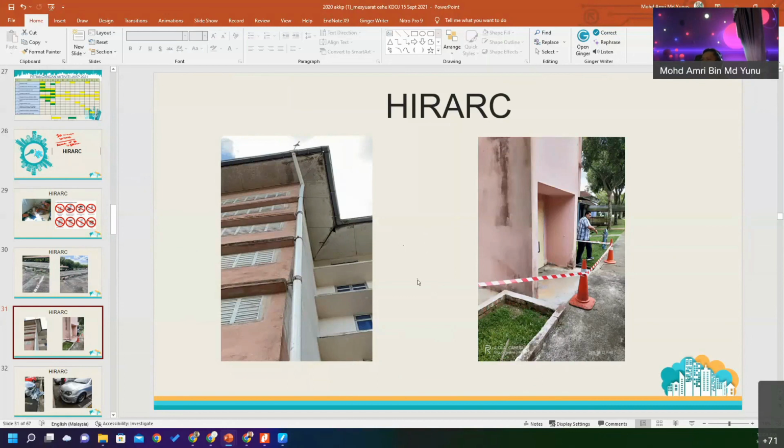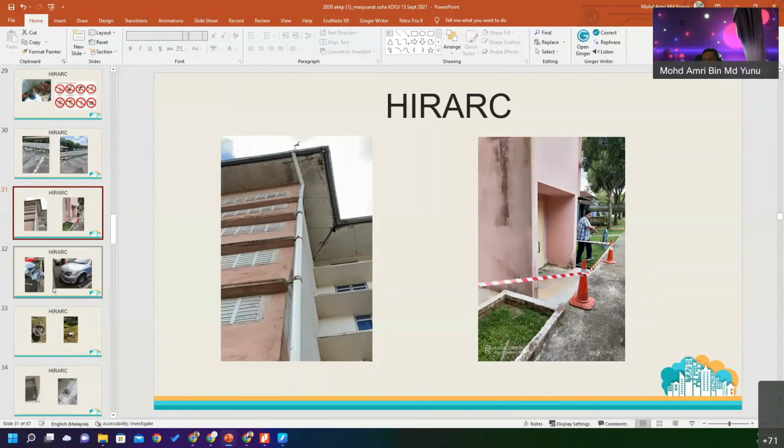So we look into the measure, and quickly we reported to the asset and management, because it's high rise, cannot remove it immediately, and at the same time we put this tape, not allowing anyone to go through here because the severity is high.